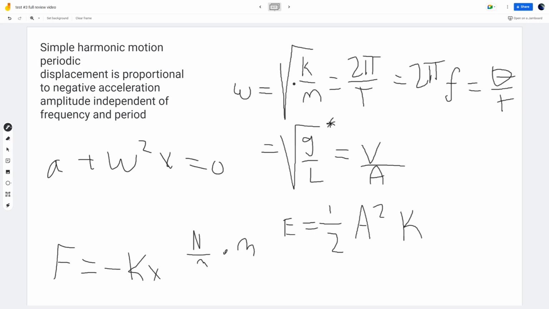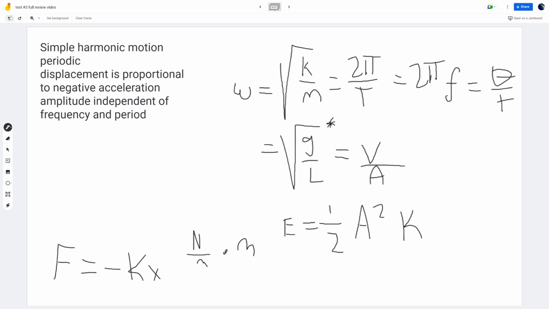But again, that was just how we related all these things together. This is basically saying acceleration, basically the restoring force over the mass, plus the angular frequency squared times the distance is equal to 0. That's the same thing as saying it's proportional to negative x, but then this is just our constant that we added in.